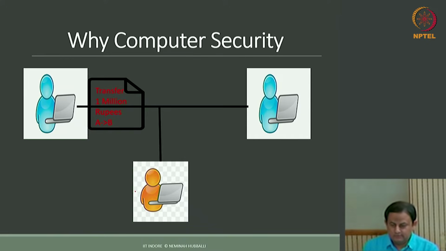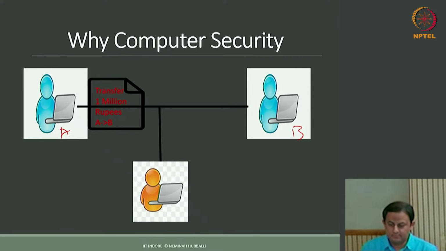So we'll start by asking a basic question: why should we study computer security, or in general network security? In this diagram, I've shown 2 users in blue. Let's call them A and B. A is this guy and B is this guy, and A wants to transfer some money, maybe 1 million rupees, to B. He is initiating a transaction.